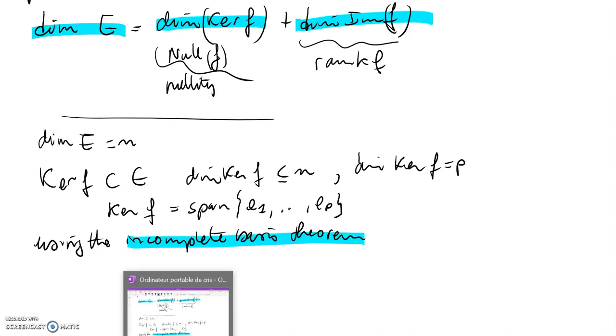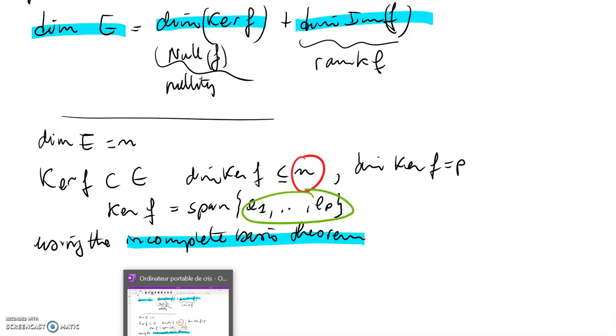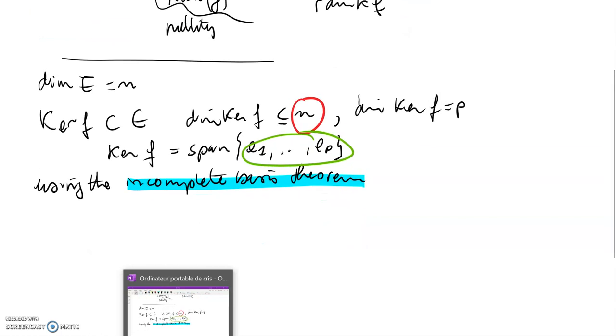It tells you that if you're in a finite dimensional space of size n, and you already have p vectors, then you can complete this basis with as many vectors as you need in order to span what you need.